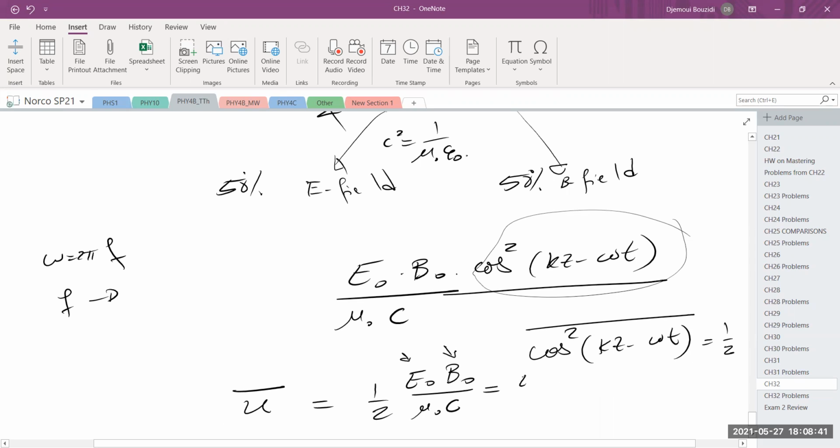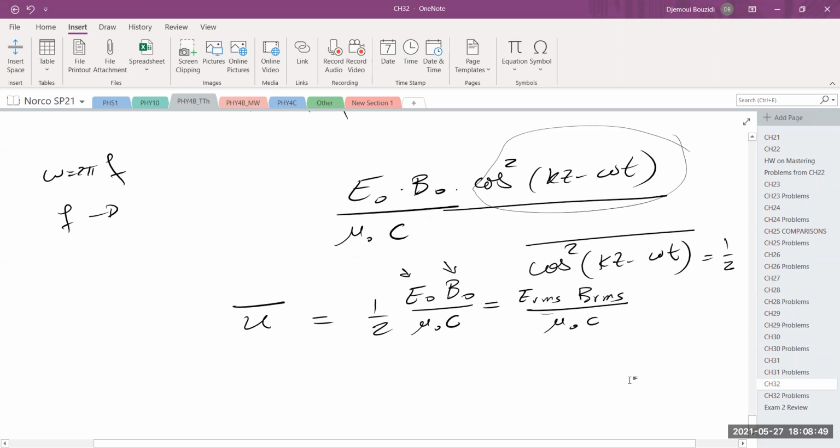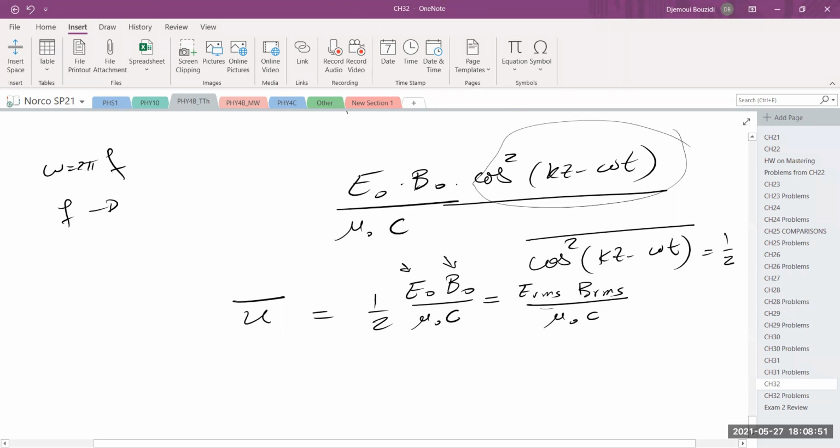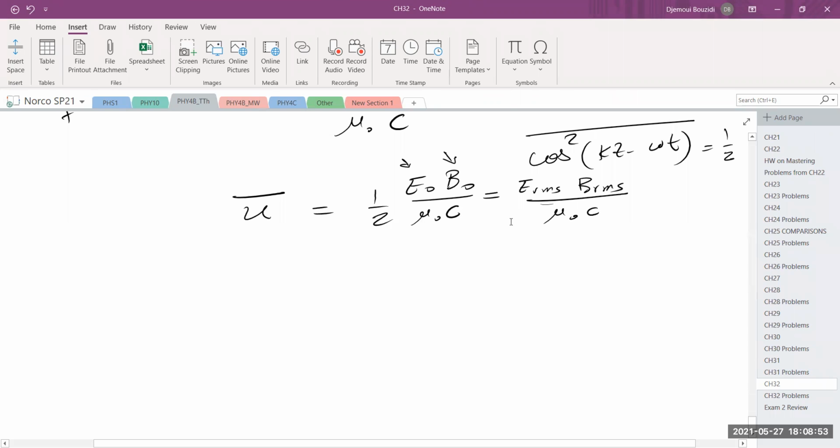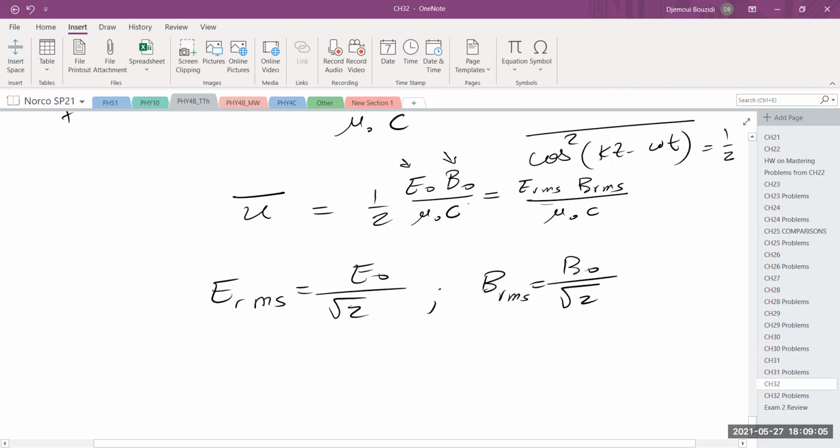Sometimes we write it as E RMS, B RMS divided by mu naught, where E RMS and B RMS are the root mean squares. E RMS is simply E naught over square root of 2, and B RMS is simply B naught over square root of 2. And now you absorb the 2 in them, and the expression becomes as such.